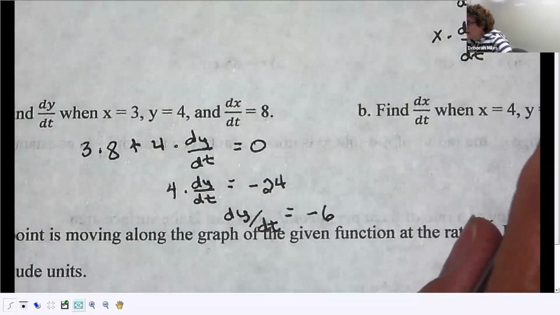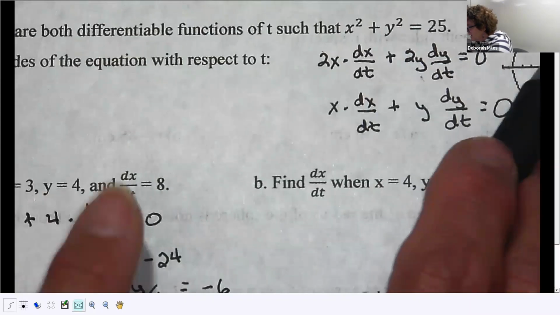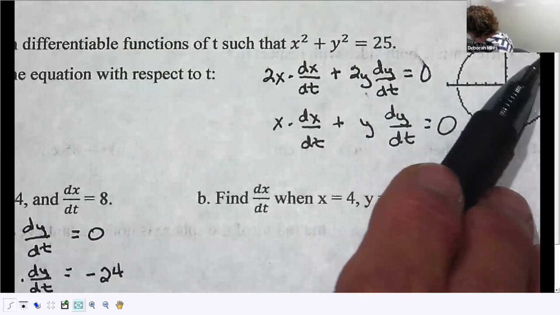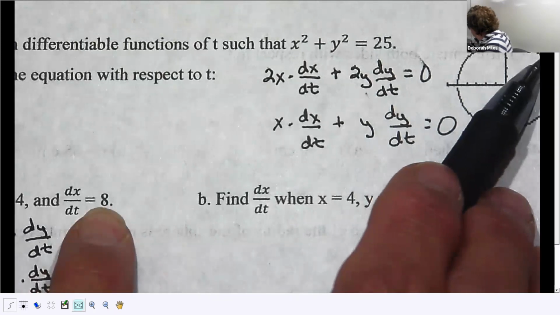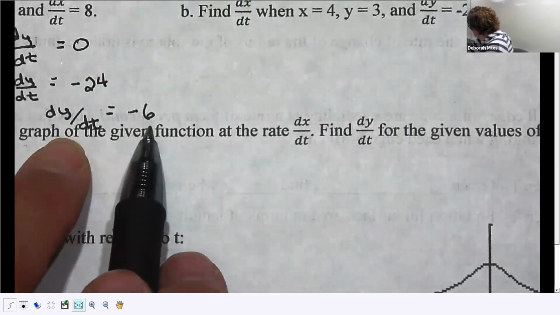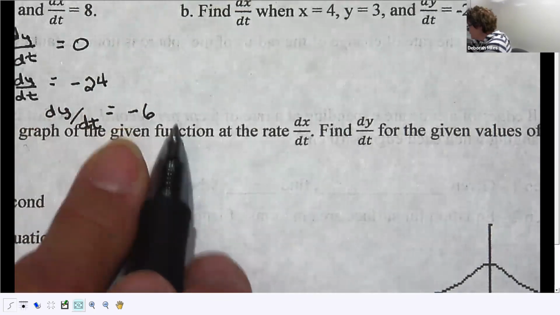It might be centimeters per second. It could be miles per hour. We're not given units here, but let's say it's centimeters per second. When this marble is moving horizontally 8 centimeters per second, it's going down, because that's negative, it's going down 6 centimeters per second.